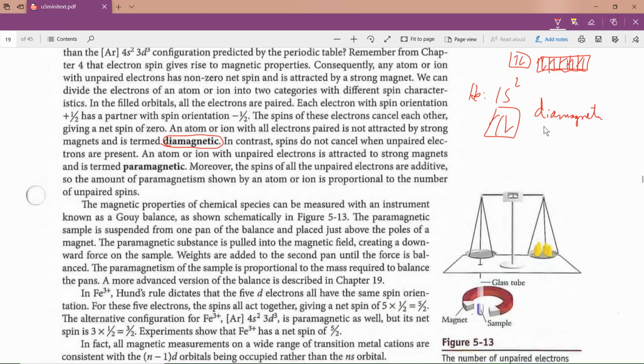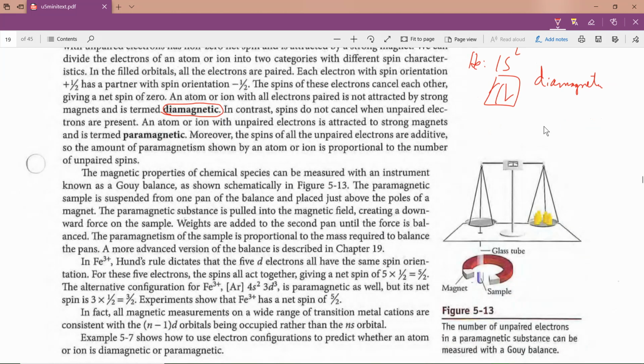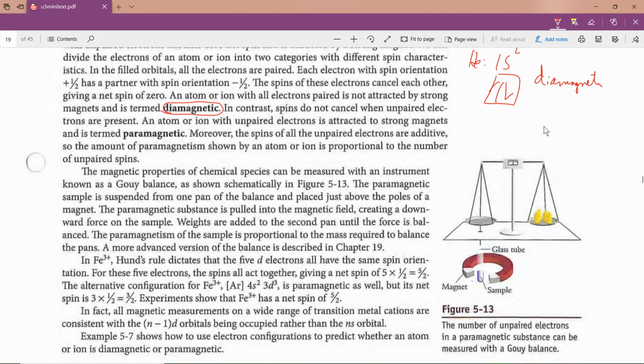Okay, iron 3+, well, that would be paramagnetic. Iron 3+, yeah, that's paramagnetic as well.